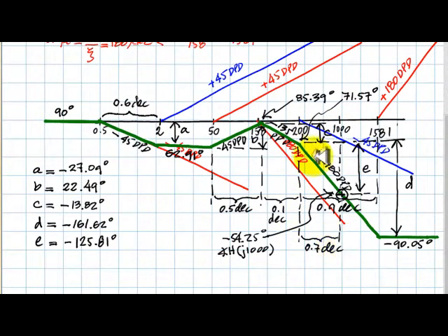With a slope of negative 180 degrees per decade, we compute the drop, this drop, E, negative 125.81 degrees, starting at 71.57. The value here of the phase of the transfer function at 1000 radians per second is negative 54.25 degrees. That is the phase of the transfer function at that frequency.